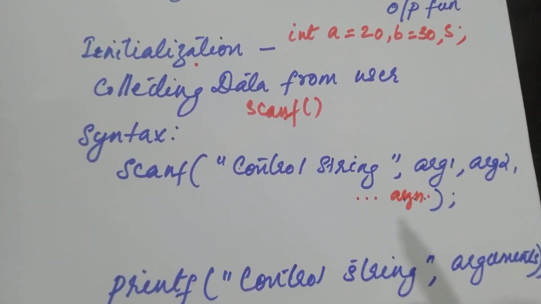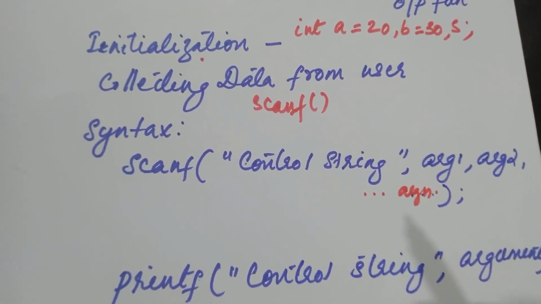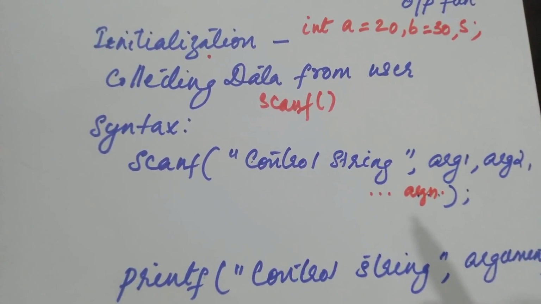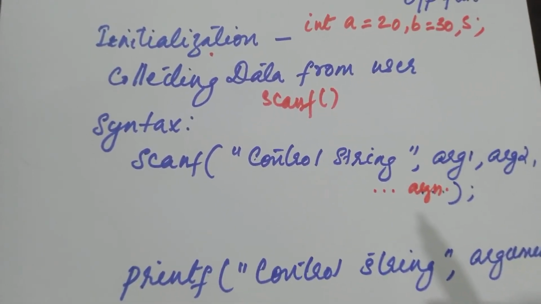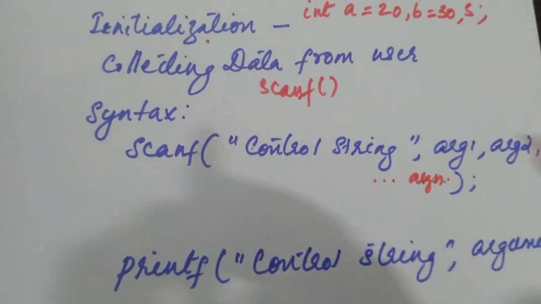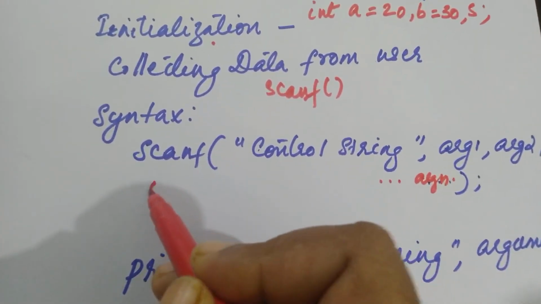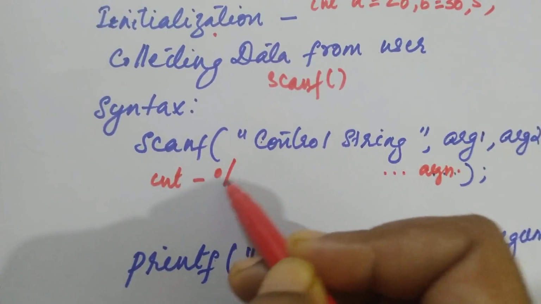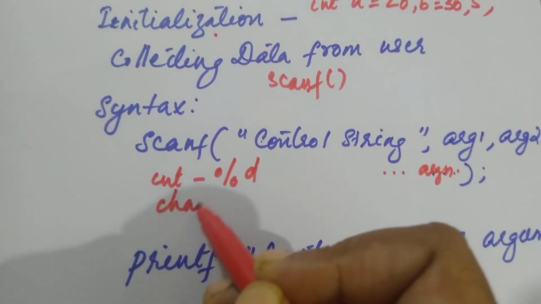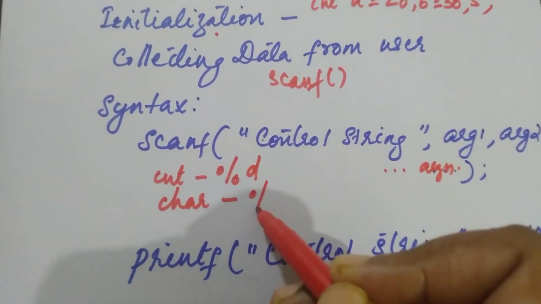Control string comprises type specifiers or format specifiers. That means if we want to read some integer data from the user, the type specifier of an integer data is %d. The type specifier of a character data is %c.